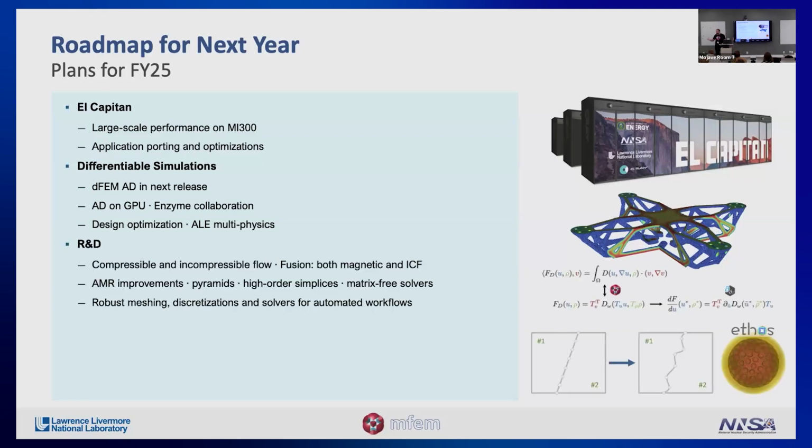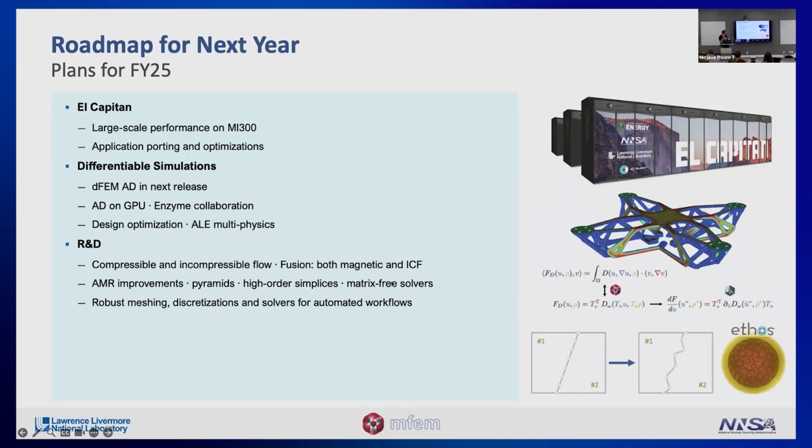Of course, we're going to do much more, continue to do research and development in many different areas. Compressible and incompressible flow, fusion, magnetic fusion, and ICF. These are important application areas for us that we continue to be interested in. Of course, structural mechanics too, usually with contact and in the incompressible regime.